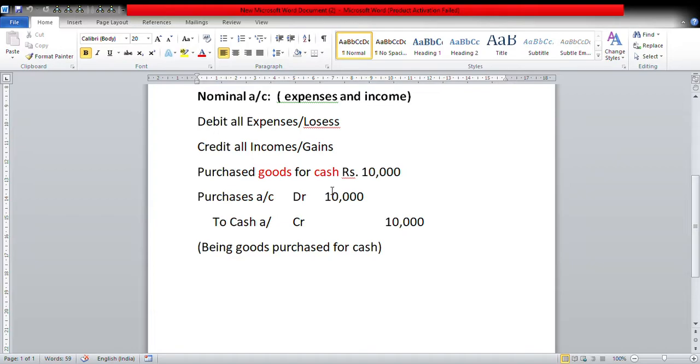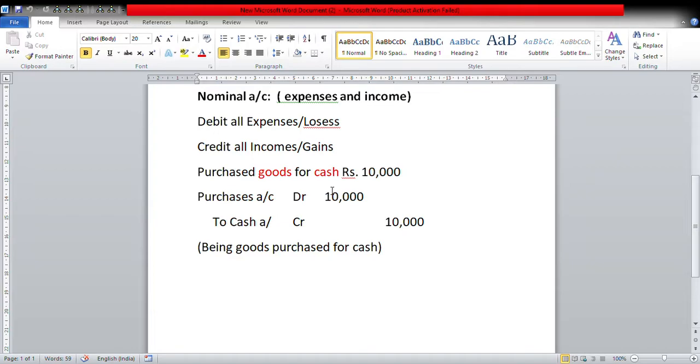If the rule is applied, then as per the real account, debit what comes in and credit what goes out. So the goods have to be debited and the cash account has to be credited, because the business is receiving the goods and simultaneously the cash is going out of the business.